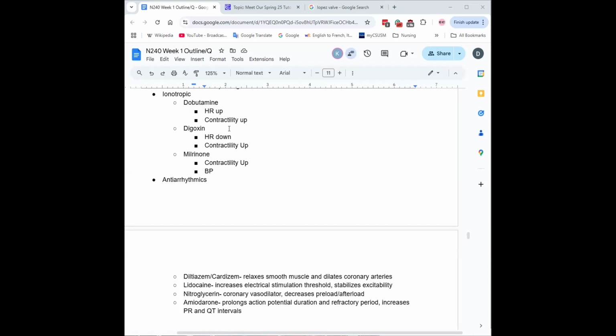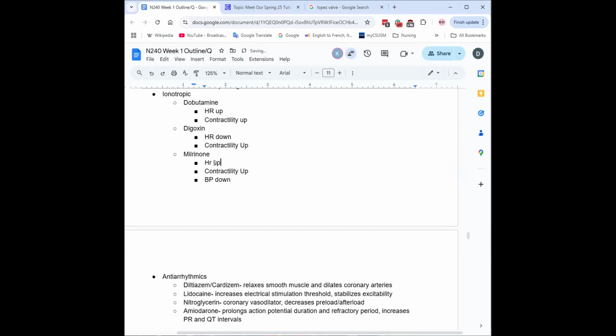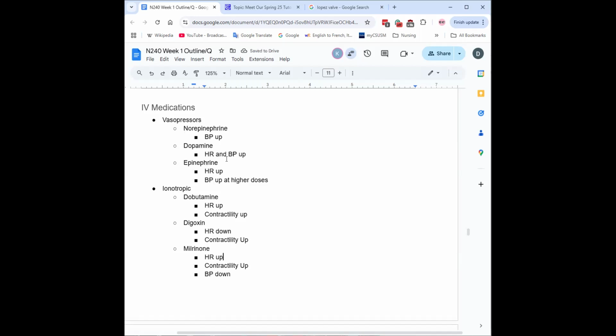So we said contractility, heart rate goes up. We have reflex hypotension. You'll learn more about that later. Milrinone, BP down. I will just focus mostly on these, just kind of knowing the difference and how they affect the body.